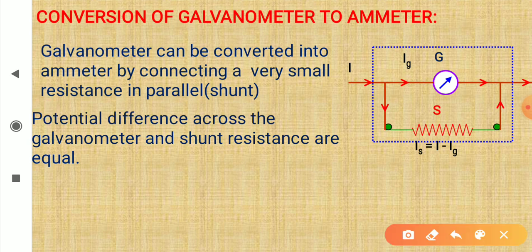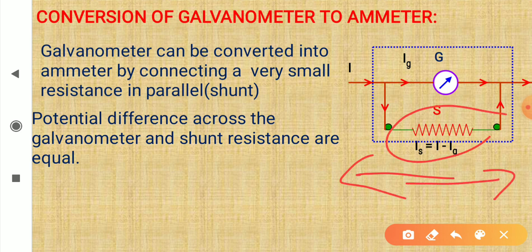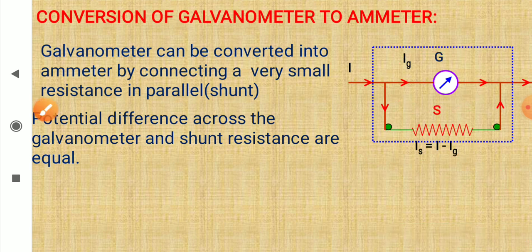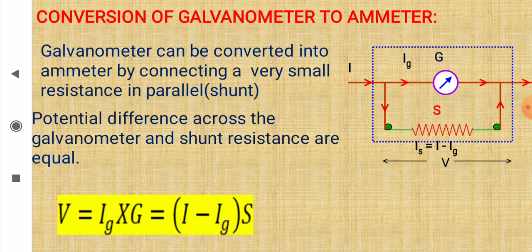So if you look at it, the potential difference from here to here across this shunt and across the galvanometer is equal. They are same. See the potential difference across the galvanometer is Ig into G, where G is resistance of the galvanometer.